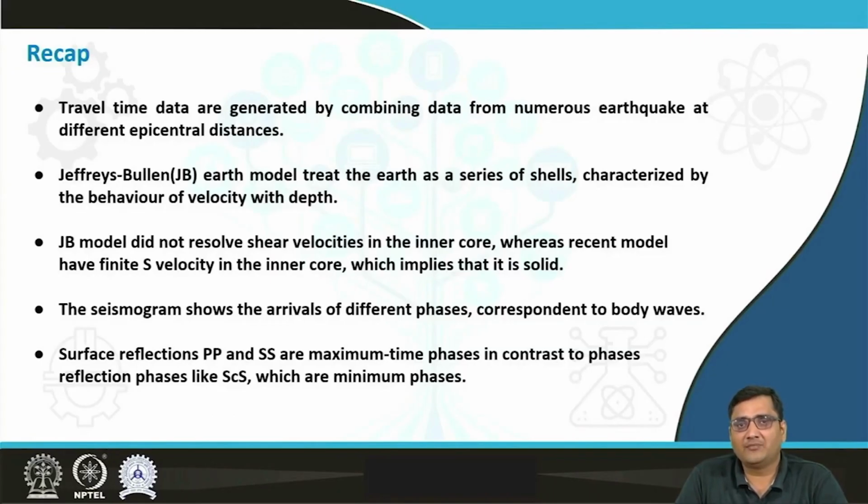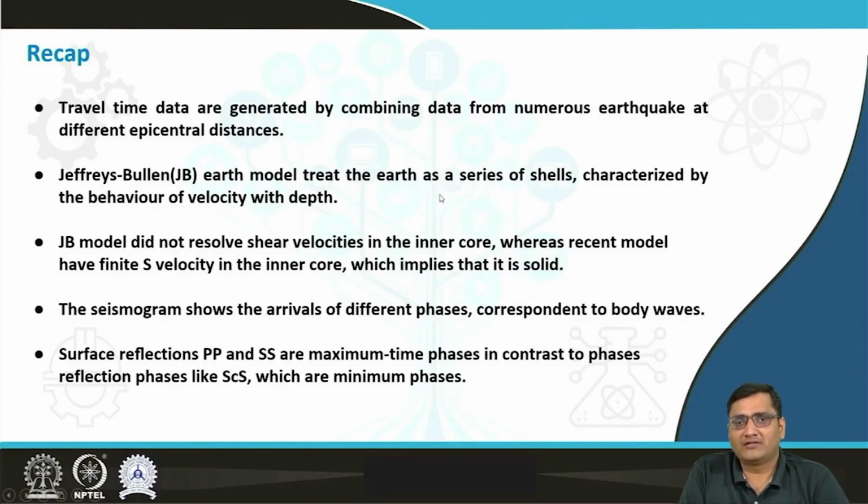As far as the recap of the previous lecture is concerned, we learnt that travel time data are generated by combining data from numerous earthquakes all across the globe from different epicentral distances. We also learnt about the earliest model of velocity structure in the earth, the Jeffreys-Bullen earth model, that treats the earth as a series of shells characterized by the behavior of velocity with depth.